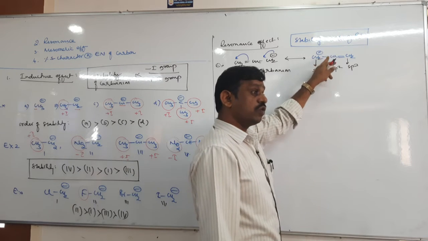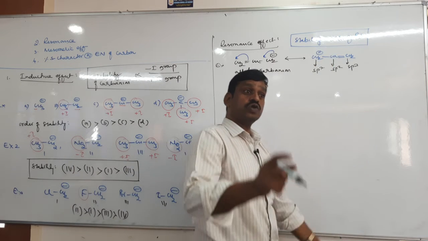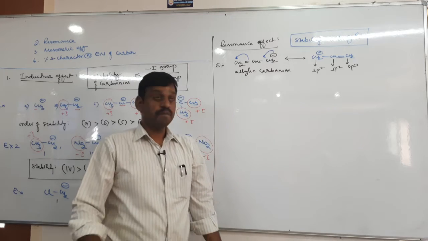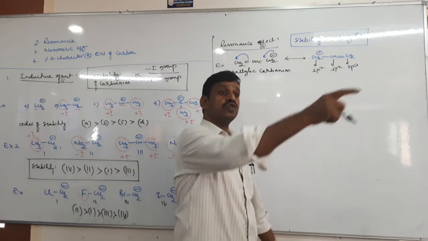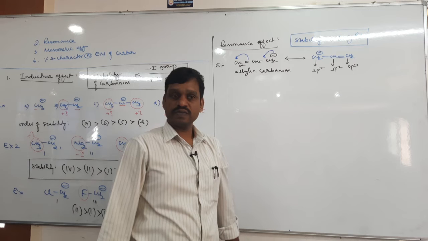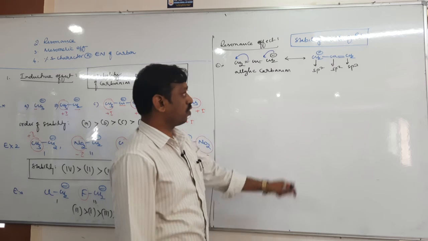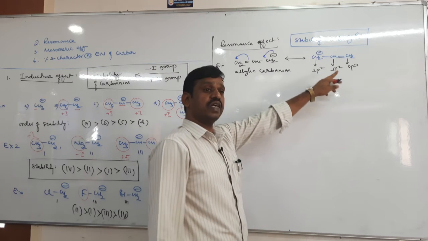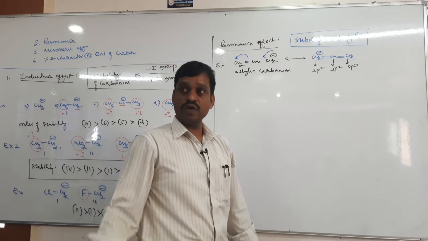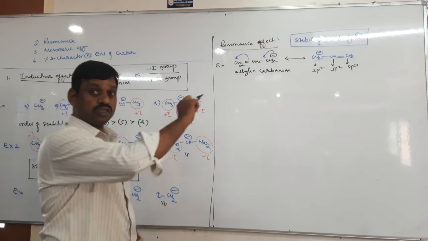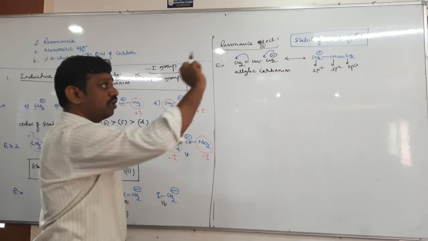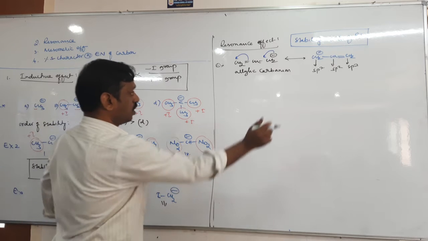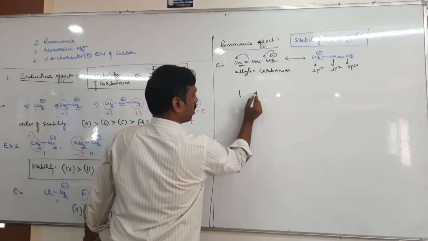If this comes in hybridization, that should not go in resonance. So this negative charge should not be taken in hybridization. We have studied this concept clearly in aromatic compounds. Therefore all are sp2.